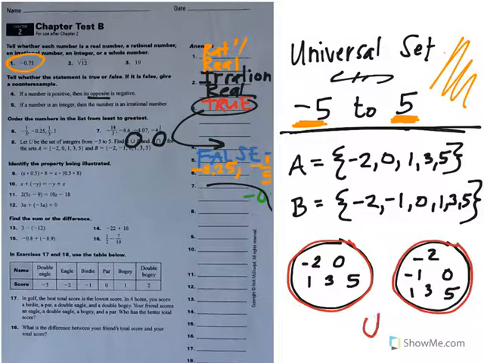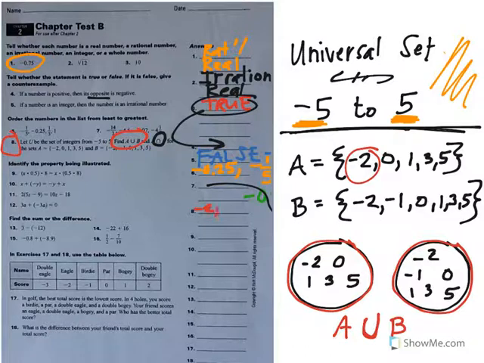So for question number 8, what is the union of A and B? A union B is going to be combining A and B together. You put both circles together, and negative 2 is in both of them, so you can just count negative 2 once.